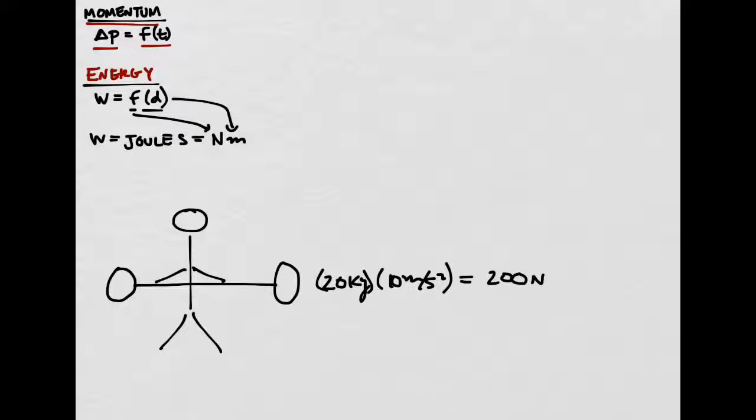But there's actually no work currently being done on this barbell because she hasn't moved it. So the work would be 200 newtons times 0 meters, which is 0 joules.